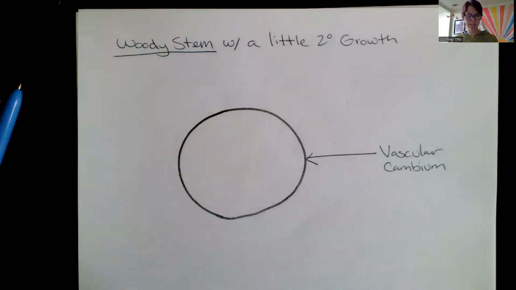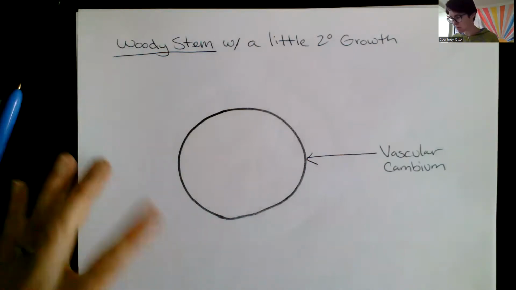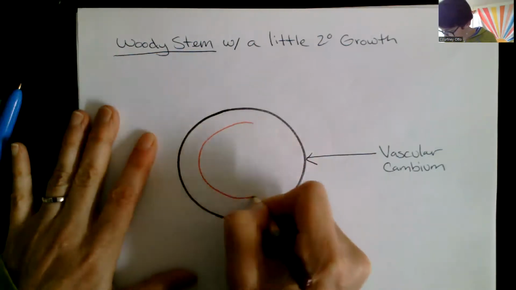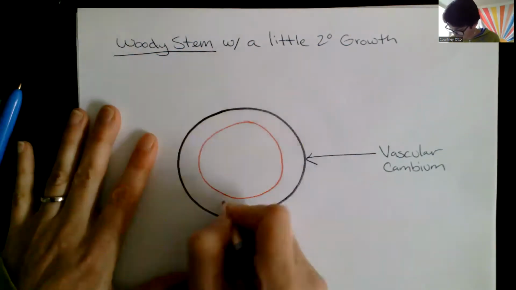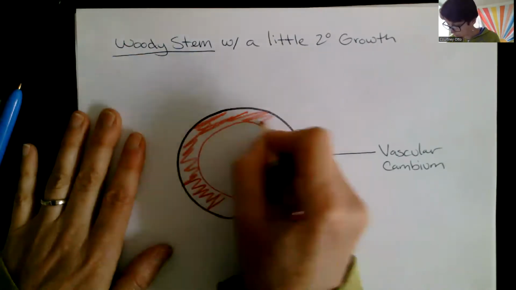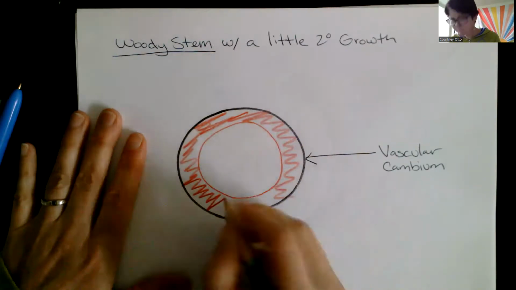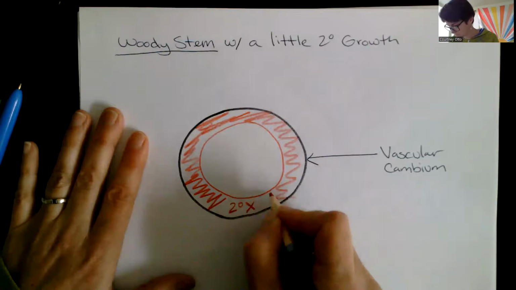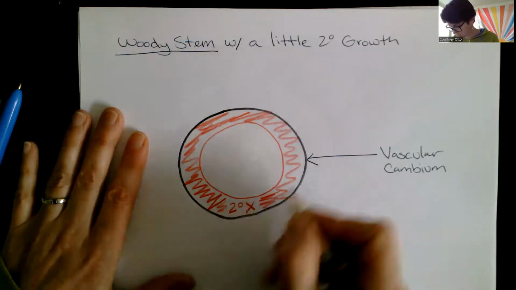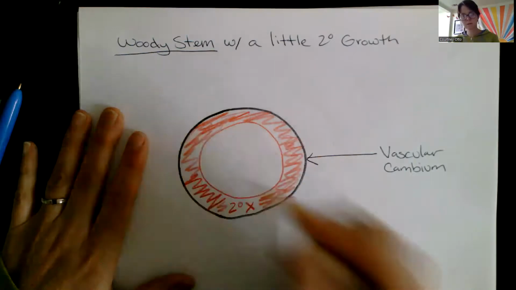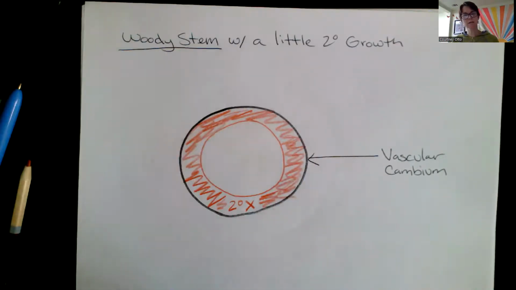When it divides to the inside, secondary xylem is going to get produced. And it's going to be produced in these layers. I'm just going to add a layer here. All of this, and I'm going to shade it in, all of this is my secondary xylem. So that's going to get produced when that vascular cambium divides to the inside.